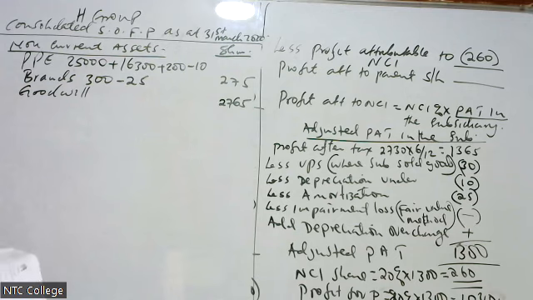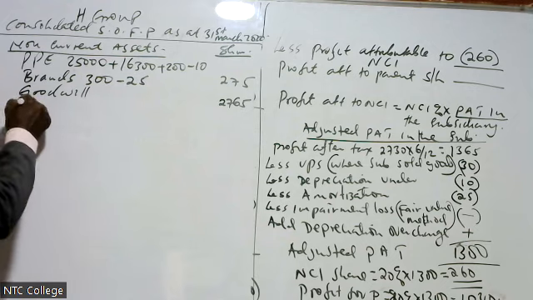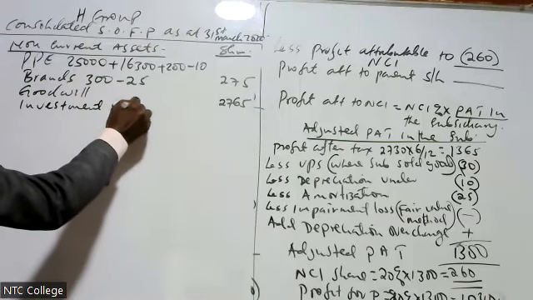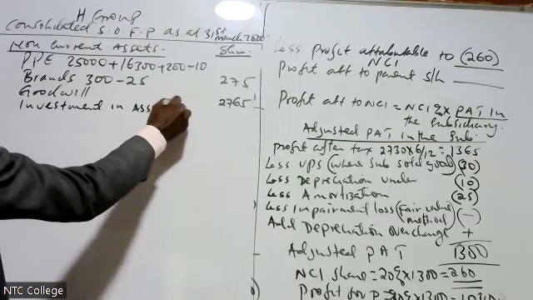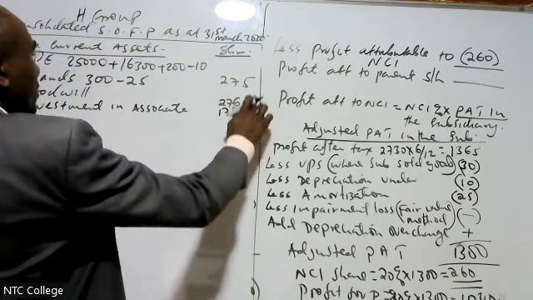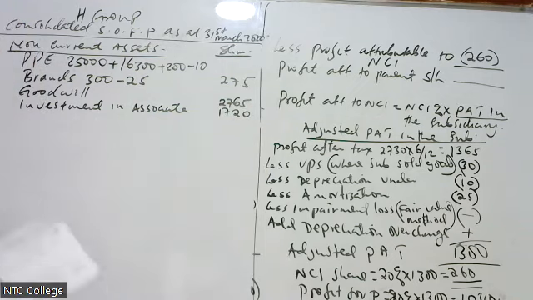Thank you very much, Ruth. 2765. Then investment in associates, which is 1720.